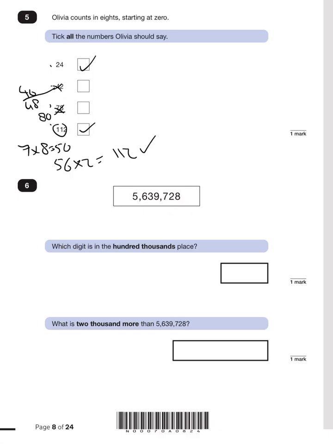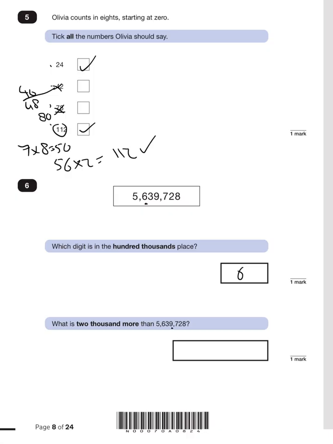Number 6. 5,639,728. Which digit is in the 100,000s place? The 100,000s place is this one. So the digit is 6. What is 2,000 more than the number 5,639,728? 2,000 more.